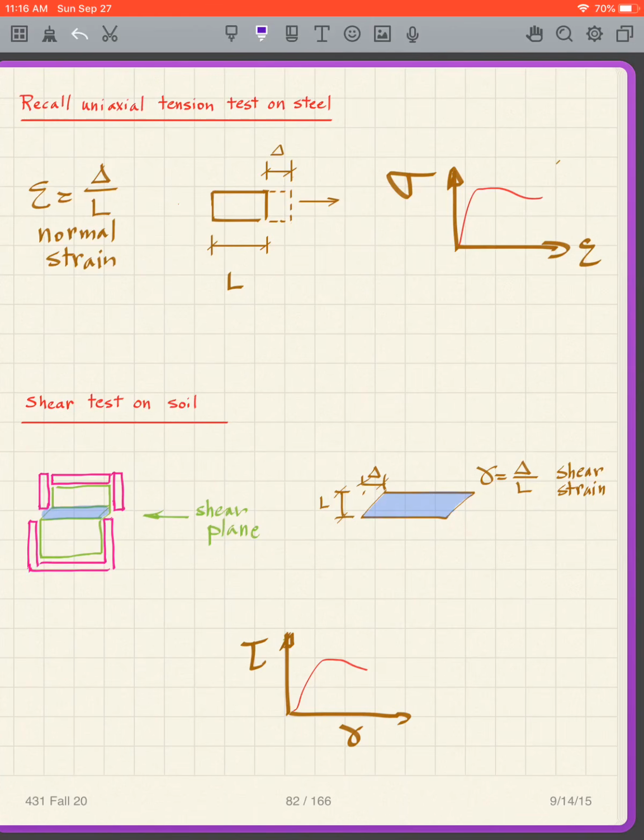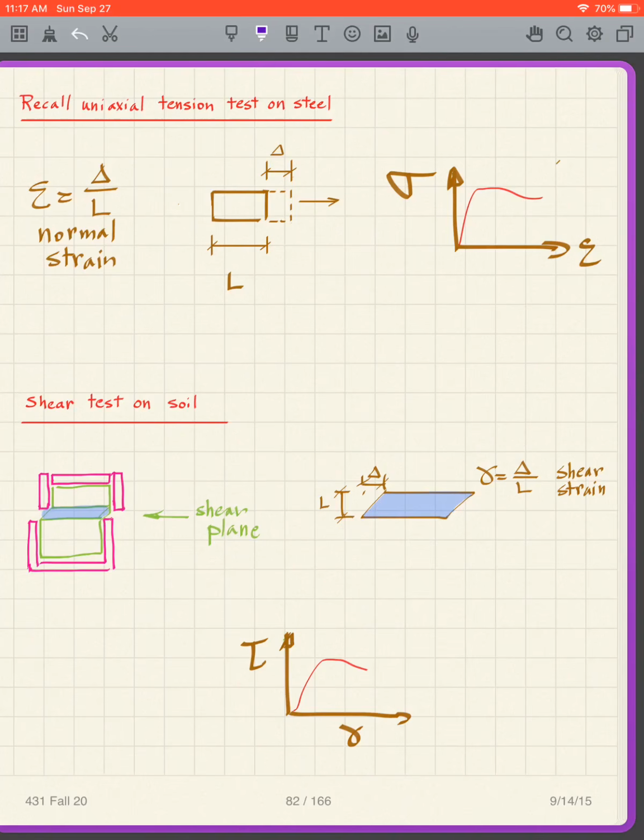And we can define the shear strain, again, delta over L. We measure delta and L differently. But here we have delta over L is our normal strain. Here we have delta over L is our shear strain. Just a different definition of strain, but it's very similar.